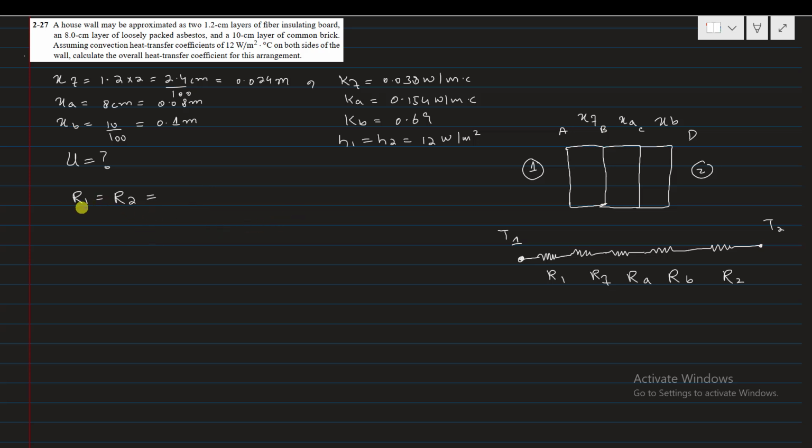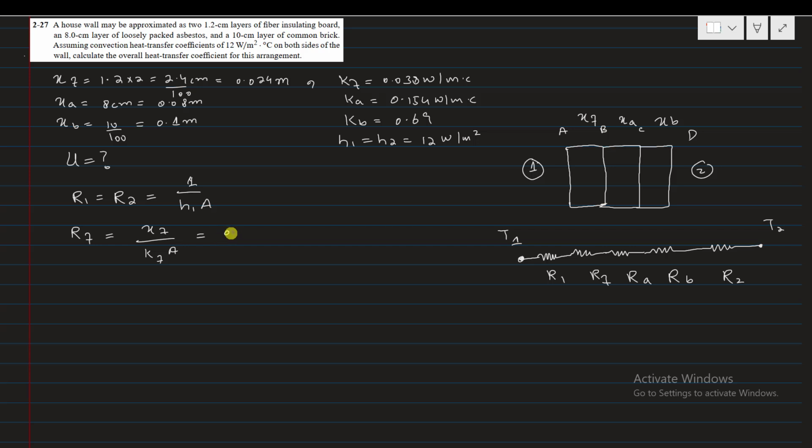So the resistances R1 and R2 are the same because at both sides it is the convection heat transfer coefficient resistance, so I can say that it is 1 divided by H1A. Now the resistance of the fiber insulating board RF is equal to XF divided by KF. What is XF?